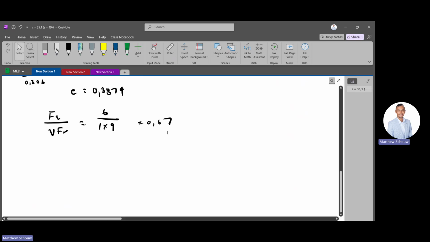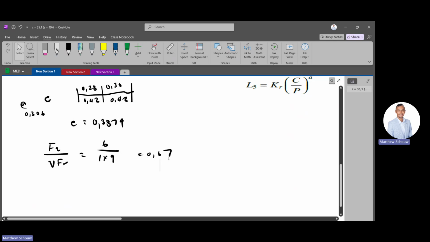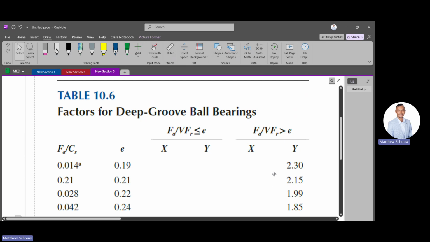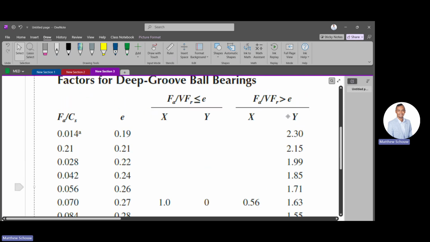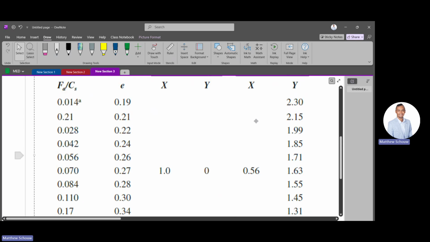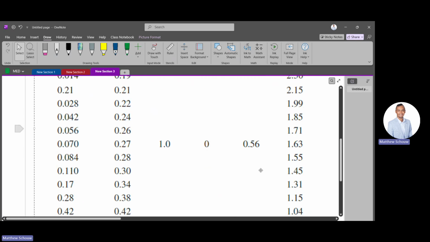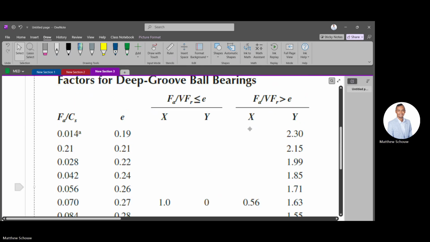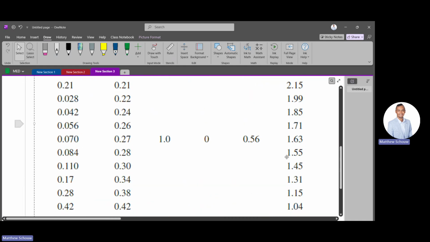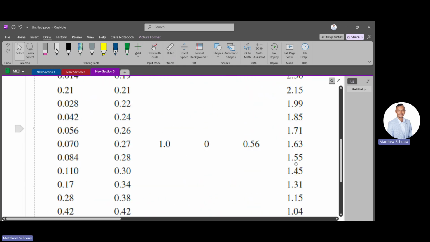So if you compare this to e, we find that VFR is greater than e, and if that's the case, we're falling on this side over here. So now we know our x value is 0.56. However, we now need to interpolate to find our y.